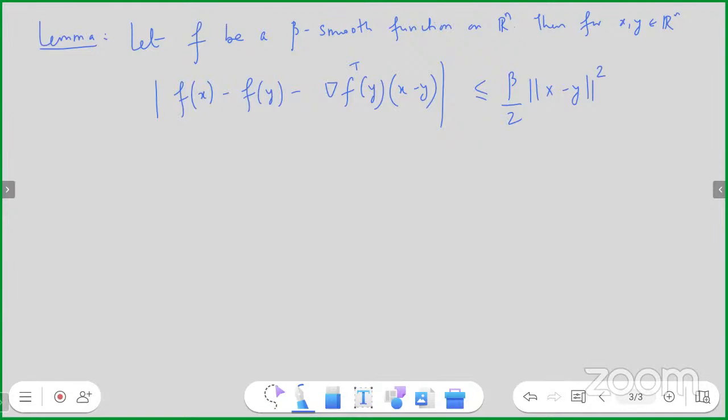But x and y belong to R, so f of x minus f of y in R will be f of x minus f of y by x minus y times x minus y. And if you take y approaching x, then you would get the gradient at x. So then you would have gradient at x minus gradient at y times x minus y. At least a ballpark, right? Now can you fix it?